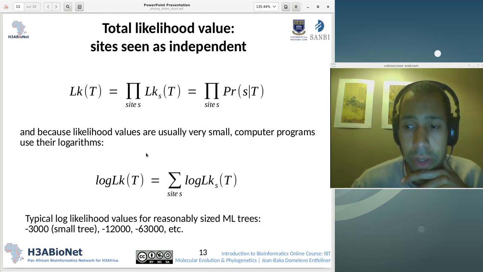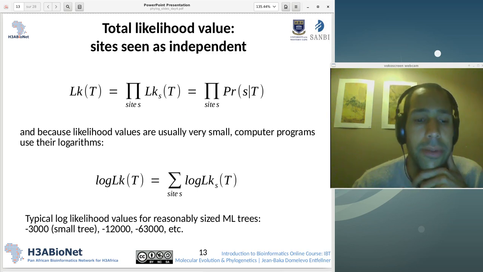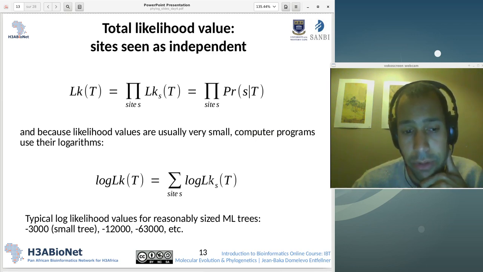So that's why in the results of PhyML, for instance, or RAxML, you would very often see results expressed in terms of the log likelihood of a tree and not the likelihood directly. The log likelihood of a tree is the sum of the log likelihoods per site, because the log of a product is the sum of the logs.